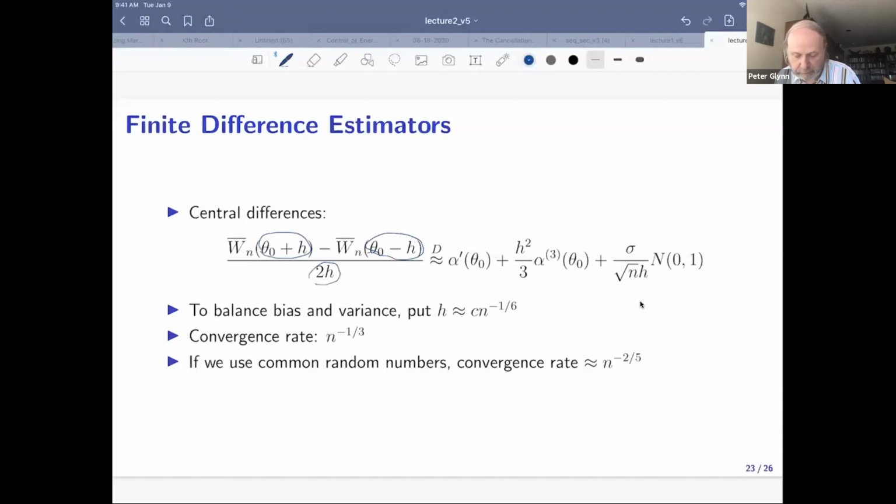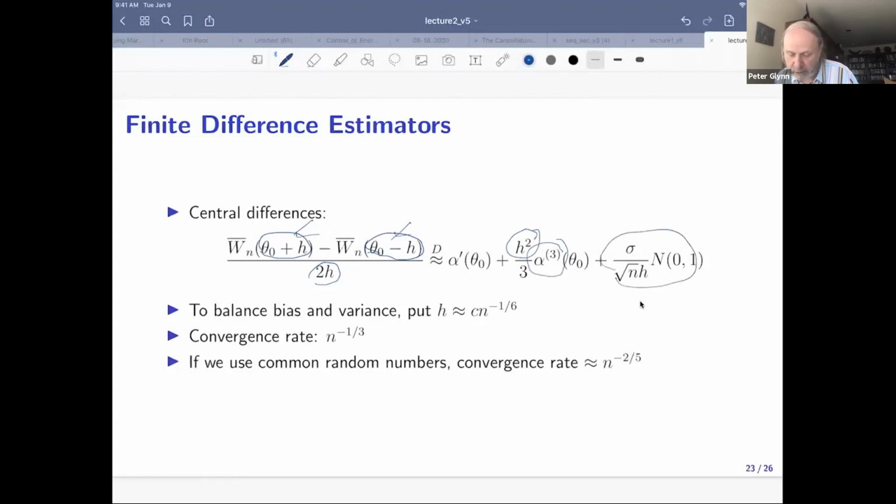And because of the central differences, the second derivative term in the error gets knocked out, in particular when you do a Taylor approximation of the expected values corresponding to this piece and this piece. And now you get a contribution from the third derivative of order h squared, not of order h as would have occurred if you'd applied forward differences.